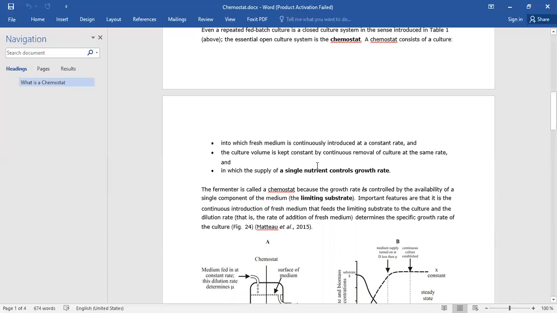So two things are happening here, in which the supply of a single nutrient controls the growth rate. The fermenter is called a chemostat because the growth rate is controlled by the availability of a single component of the media. Important features are the continuous introduction of fresh media that limits the substrate to the culture, and the dilution rate.